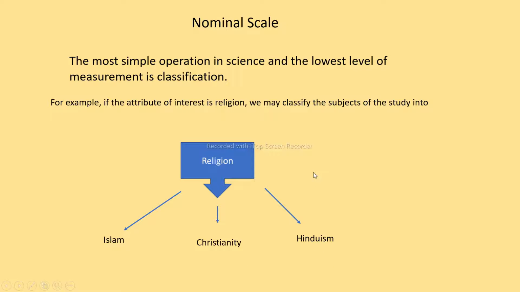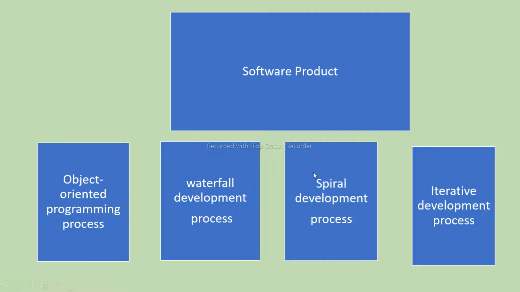The same thing we can apply to software. When we talk about software, if we classify software products by the development process models through which the products were developed, then we may have different categories. The categories may be object-oriented programming process, waterfall development process, spiral development process, iterative development process, etc. There may be many, but I have listed only four.